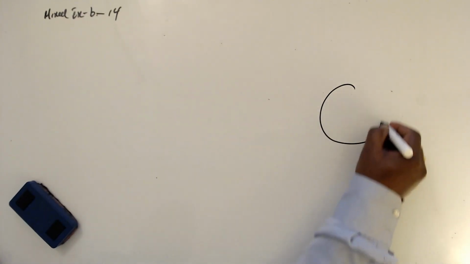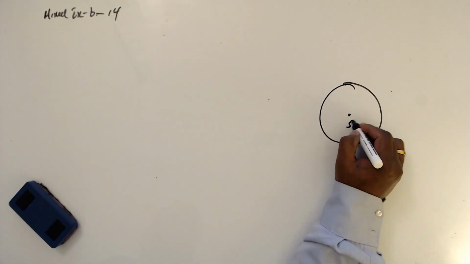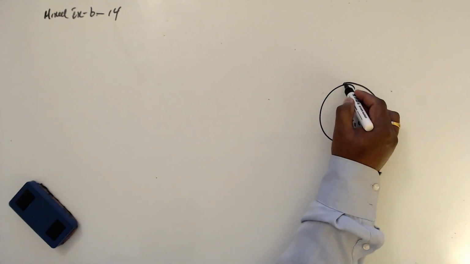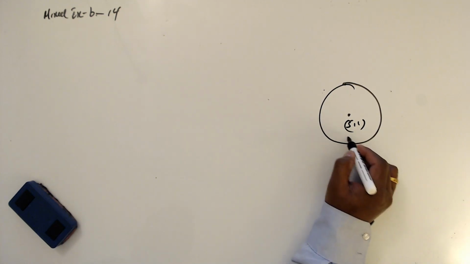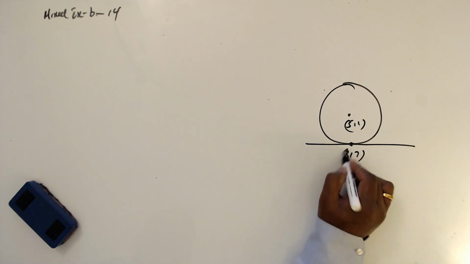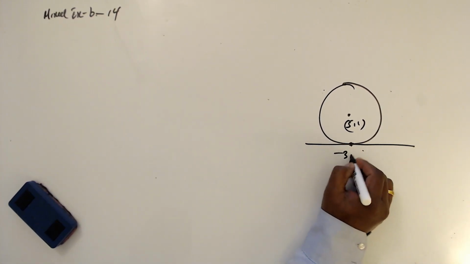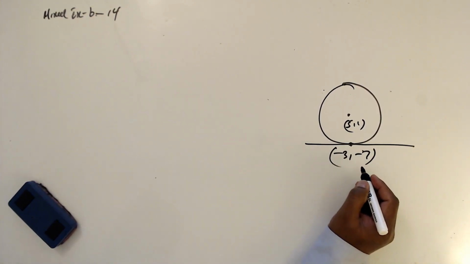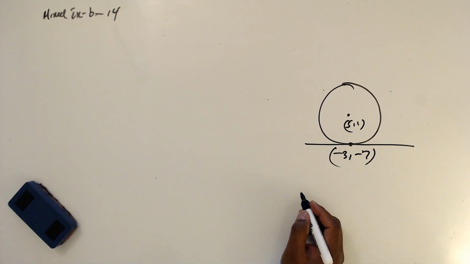Question number 14. The circle's center is 5 1. This is the tangent. This point is 3 7, minus 3 minus 7. So we want to find the equation of the tangent to the circle.